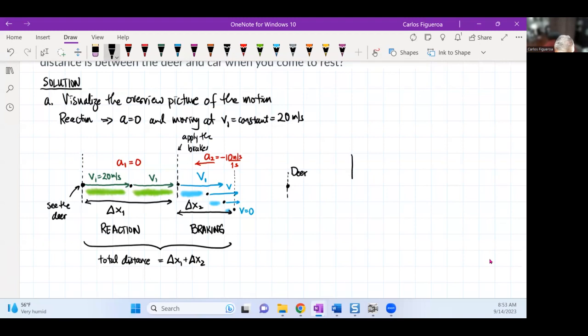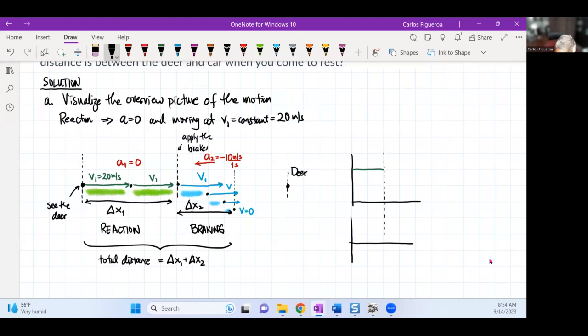The first thing that I typically do is look at my velocity curve, and then I go for my acceleration. So what do I know about my velocity? My velocity continues at a speed something like this.